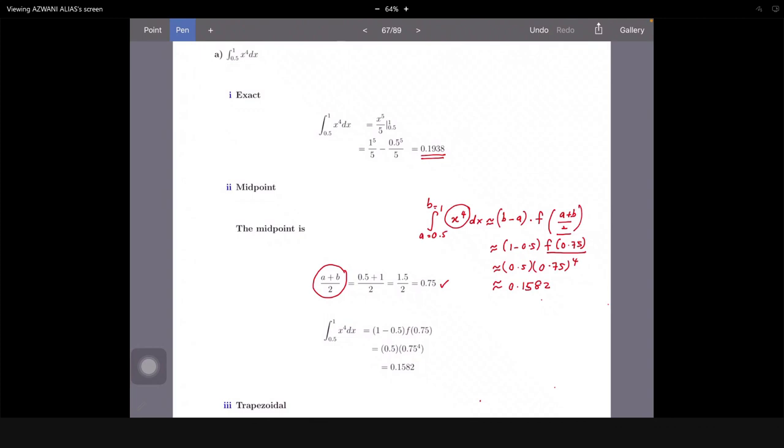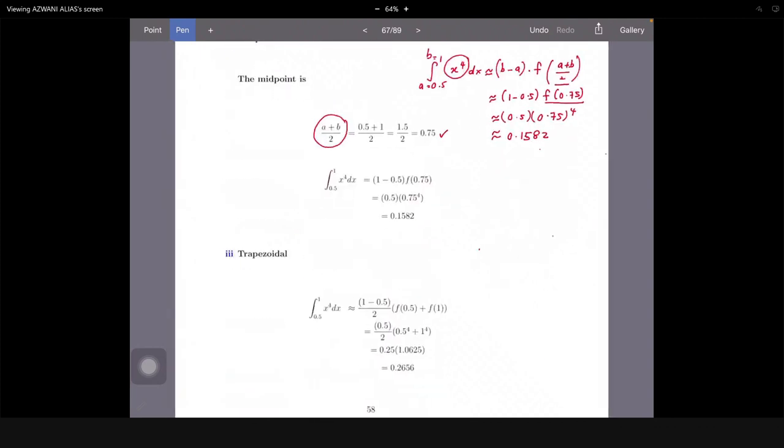Okay, kalau trapezoidal rule, B minus A divide by 2. Divide by 2 disebabkan oleh formula trapezoidal itu sendiri. FA plus FB. So, masukkan the value 0.5 dalam function x to the power of 4. So, akan dapat this solution.